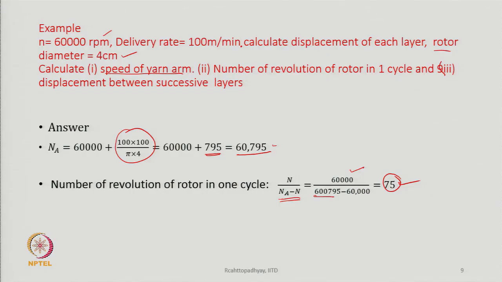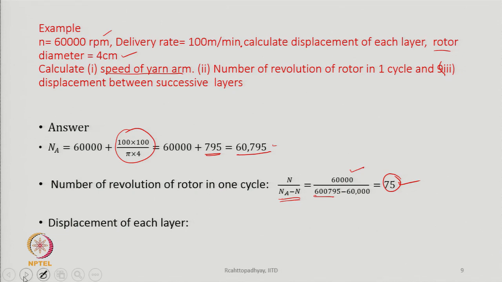It may be more, it may be less, depending upon the delay time between these two. Anyway, there is a chance of creation of a fault. So, the number of revolutions of the rotor in one cycle is 75.